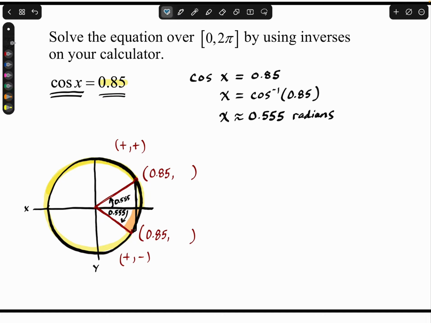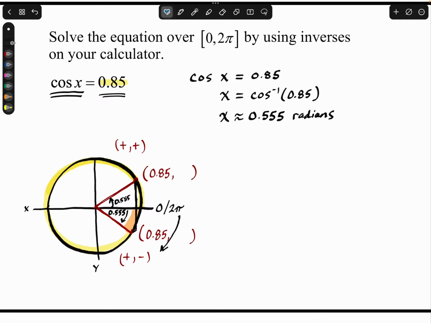So how do we figure out what the rest of it is? Since it's a fourth quadrant angle, if we're at 0, we're also at 2 pi, and we're going to go backwards our reference angle.